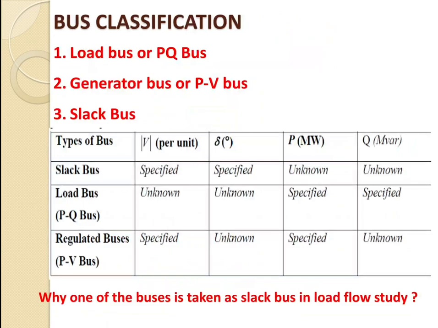If we go for the PQ bus, in that case active power and reactive power are specified, whereas we have to calculate the value of voltage and phase angle with the help of the load flow solution. And for the PV bus, that is the regulated bus, the value of the voltage magnitude and active power are specified, whereas the phase angle and the reactive power are unknown.